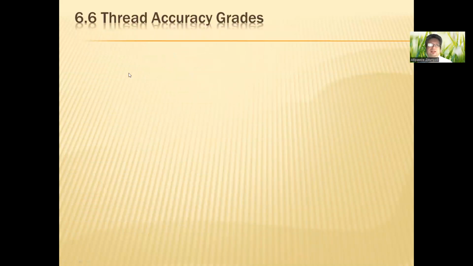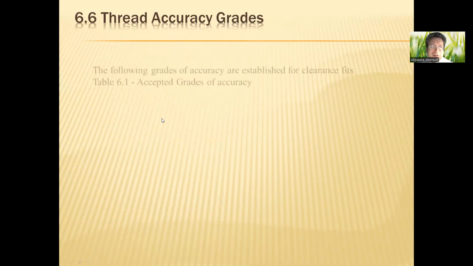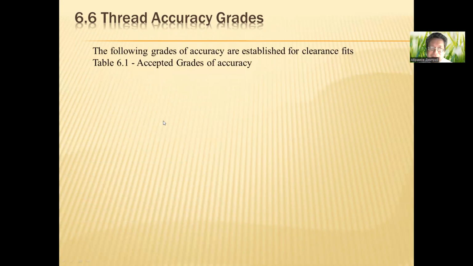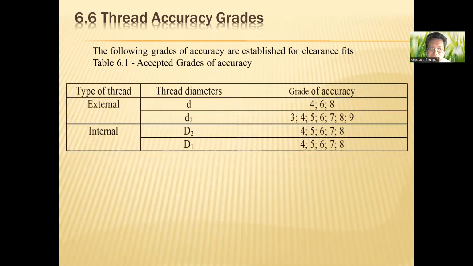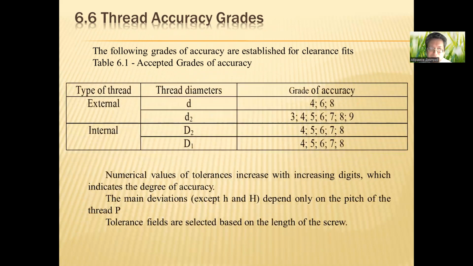And item 6.6, thread accuracy grades. The following grades of accuracy are established for clearance fits. You can see in table 6.1 the accepted grades of accuracy.